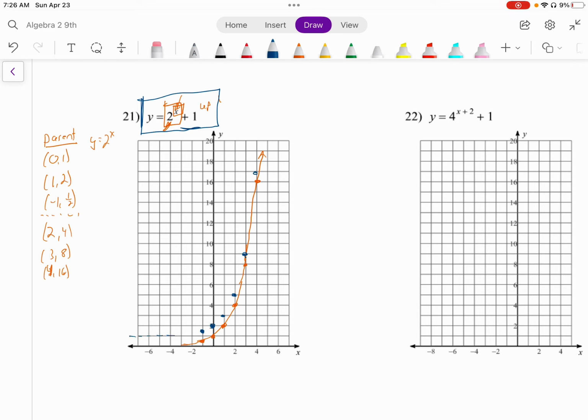And our horizontal asymptote moves up 1. Everything moves up 1. And so the blue is the graph of that function.